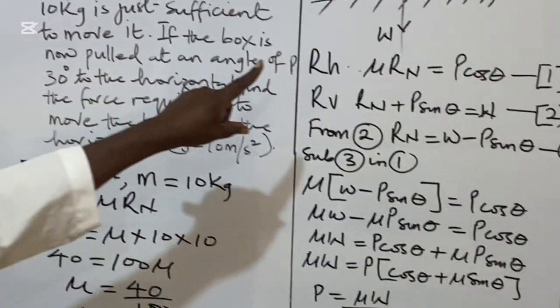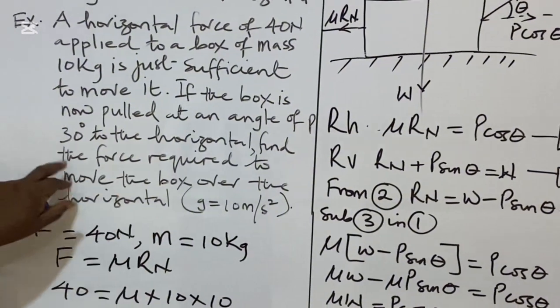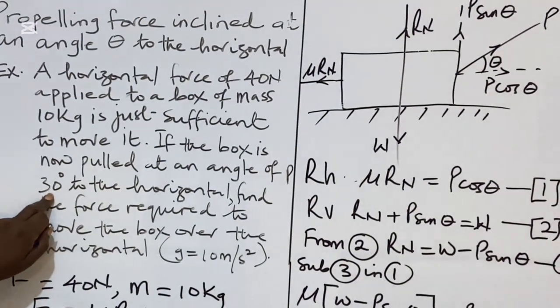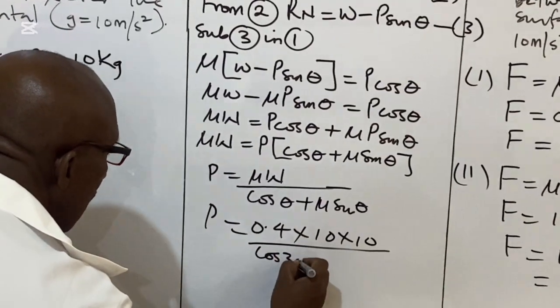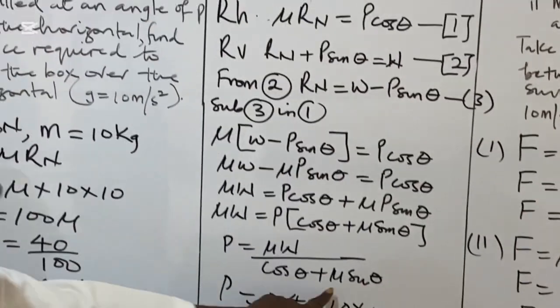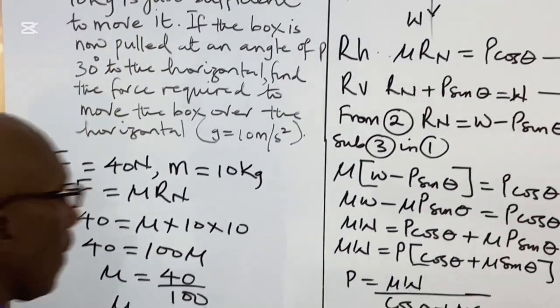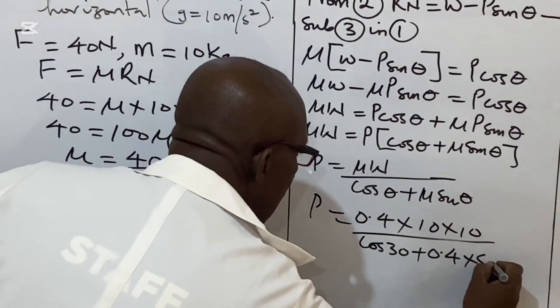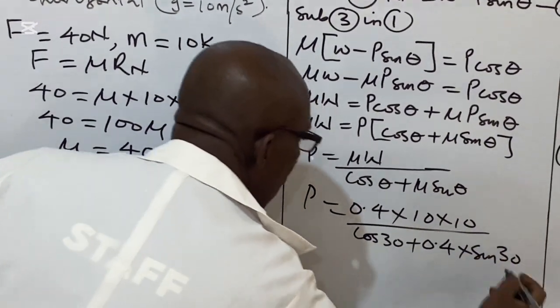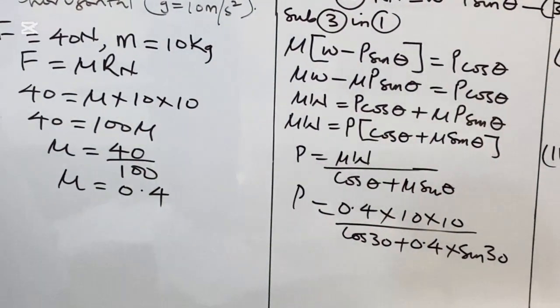Now, the force P was pulling this body at an angle of 30 degrees. So I'll put cos 30 plus our coefficient of friction, 0.4, times sine 30 degrees. Of course, you know sine 30 degrees is equal to 0.5.